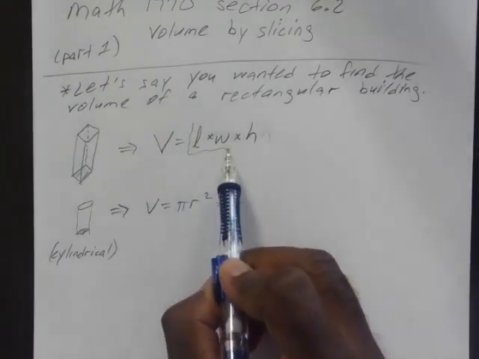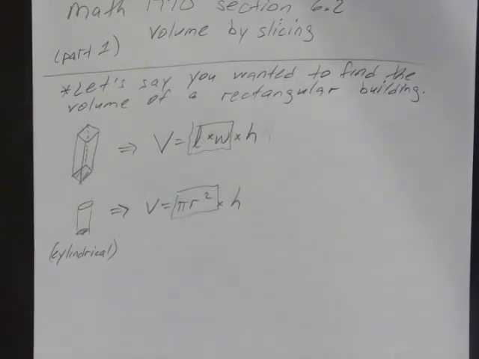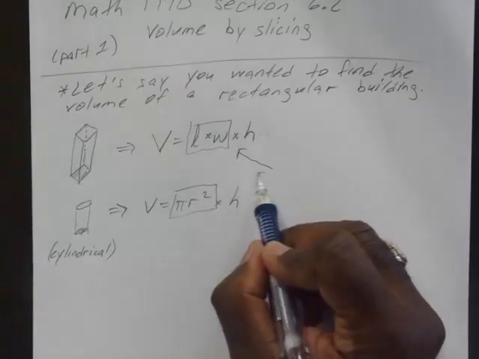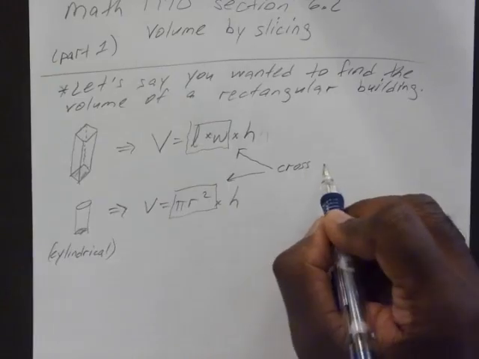Okay. You'd find the area of the base times the height for both of those. That area of the base is what we call our cross-sectional area.